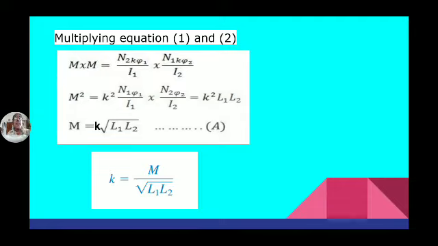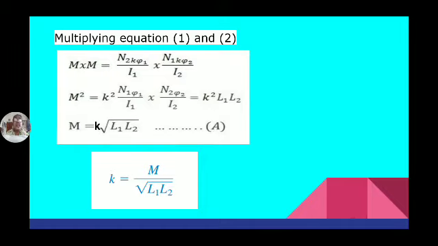Now M square is equal to K square into N1 phi 1 by I1 times N2 phi 2 by I2. N1 phi 1 by I1 is self-inductance L1, and N2 phi 2 by I2 is self-inductance L2. So mutual inductance M is equal to K into square root of L1 L2, whereas K is equal to M by square root of L1 L2.